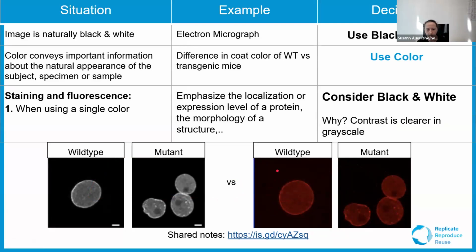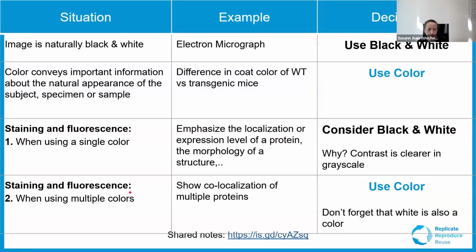Because our filter and maybe our staining makes this part of the tissue red, you see here red and black are really hard to distinguish. So here it would be a better option to convert that image into black and white because this is easier for our eyes to see. Our eyes are able to pick up a lot of different grayscale variations, I think something like 20,000 different shades of gray. So it's really a good option to consider that as a color, so to say.